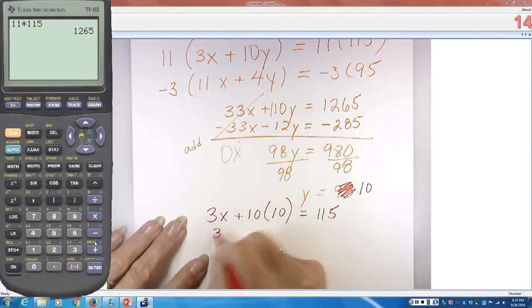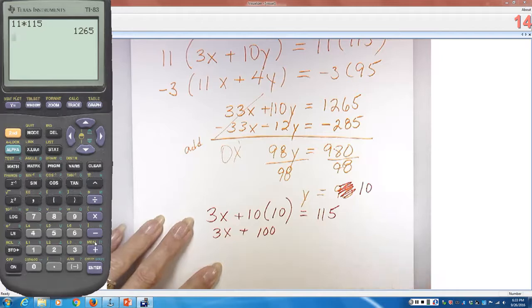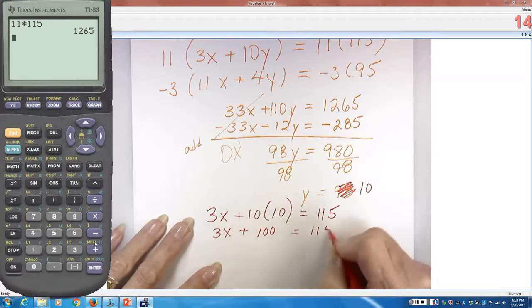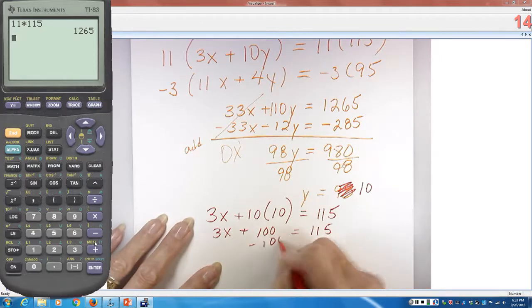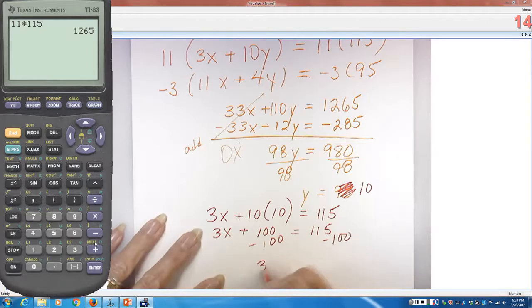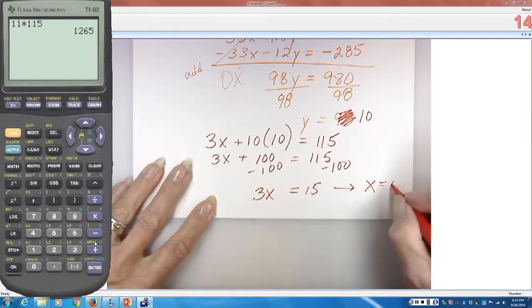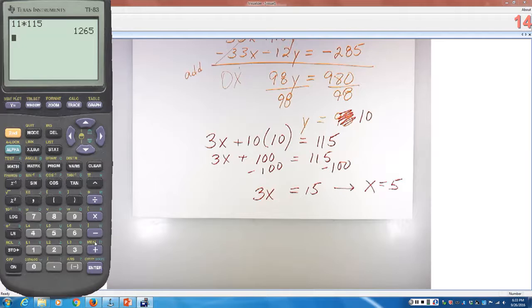That means 3x plus 100 equals 115. And if I subtract 100 from both sides, I have 3x equals 15, and then x equals 5. And I didn't have to deal with fractions and stuff they were using.